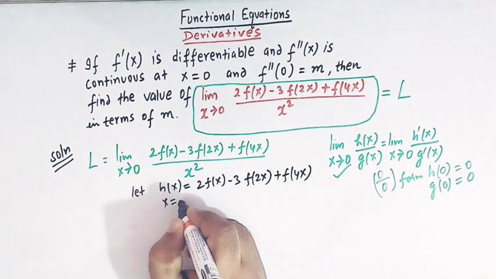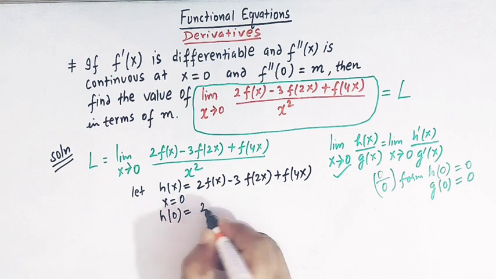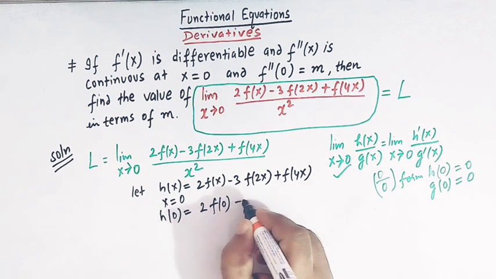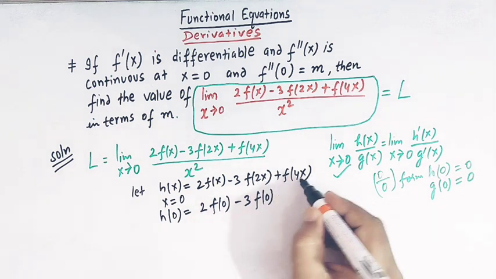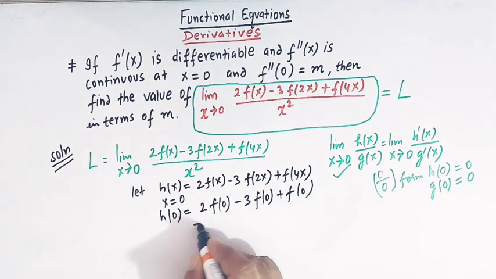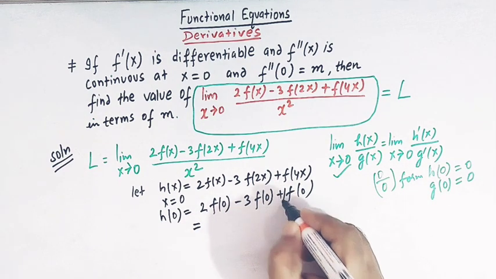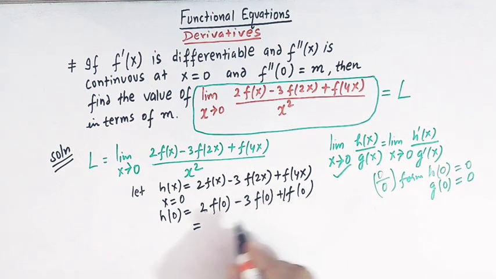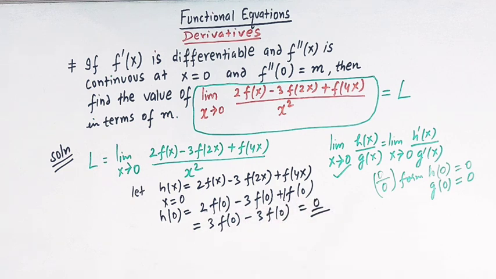So if we take x is equal to 0 here, then h(0) becomes 2 times f(0) minus 3 times f(0), because 2 times 0 is 0, 4 times 0 is 0, so we have here plus f(0). So this is 2 plus 1, because here the coefficient is 1, so 3 f(0) minus 3 f(0) is equal to 0, right?